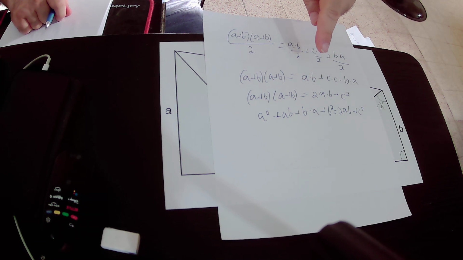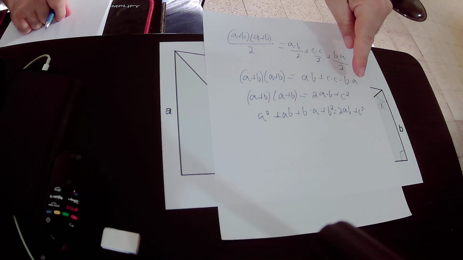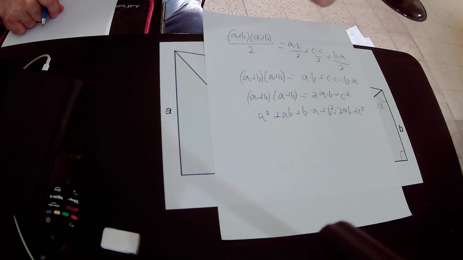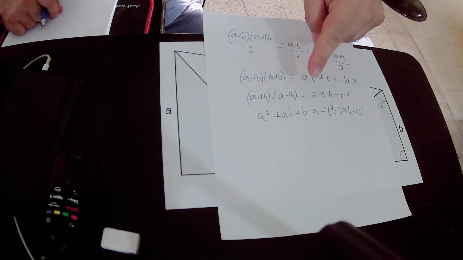That's the left side of the equation equals the right side of the equation, and the right side of the equation equals 2AB plus C squared. Now BA plus AB equals 2AB.